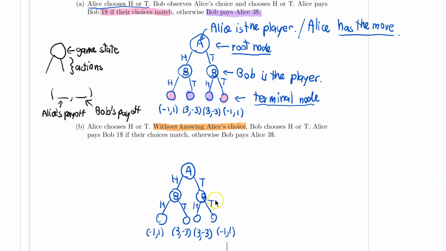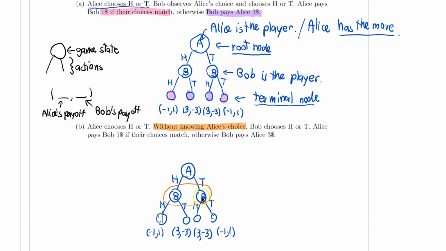So how should I represent the fact that Bob is not going to know what Alice does? The way we can do that is we are going to just draw a circle, or in this case an ellipse, around Bob's nodes here. When I draw this ellipse, it means that when Bob comes into play, he will not know exactly which node in this orange circle he is at.